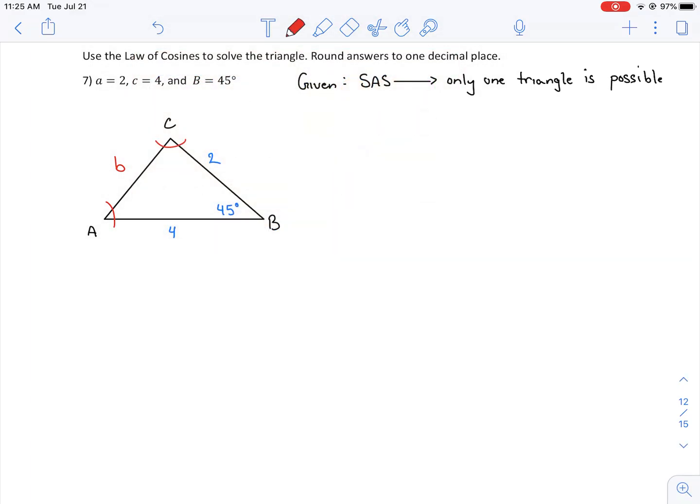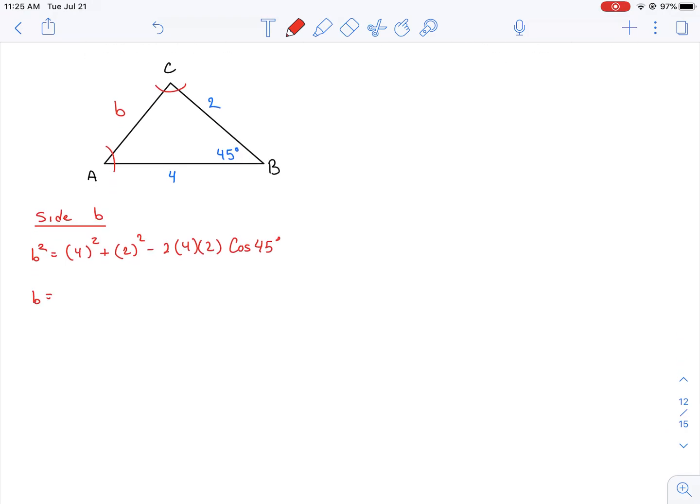And we're going to start with side length B. And we can do that because we have side length A, we have side length C, and we have angle B, which is the information we need to apply the law of cosines to find side B. So B squared is equal to 4 squared plus 2 squared minus 2 times 4 times 2 cosine of 45 degrees, which implies that B is equal to plus or minus the square root of 4 squared plus 2 squared minus 2 times 4 times 2 cosine of 45 degrees.